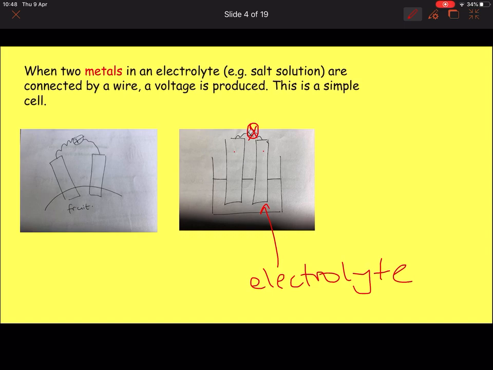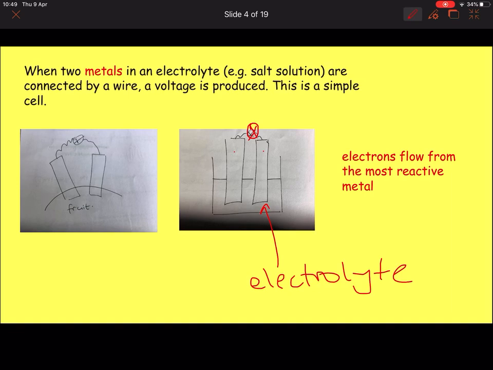And if you remember from when we talked about the reactivity of metals in a previous topic, why are some metals more reactive than others? What are they better at doing? You may recall the most reactive metals are better at losing electrons. They lose electrons more readily. So when we set this up with two different metals, electrons will flow from the most reactive metal.